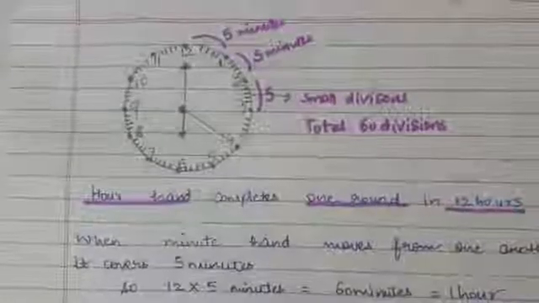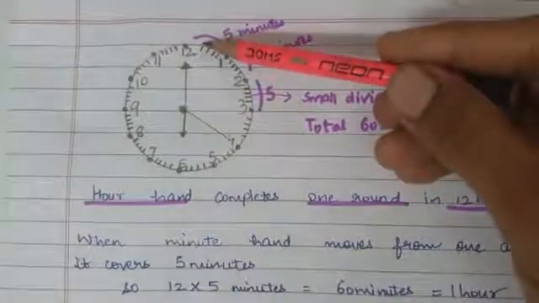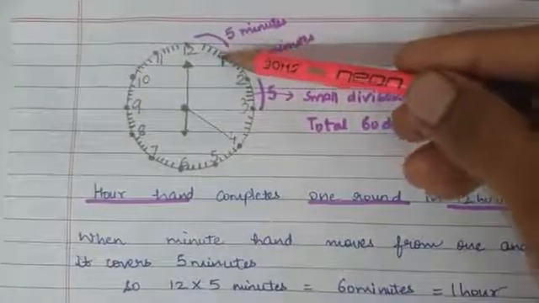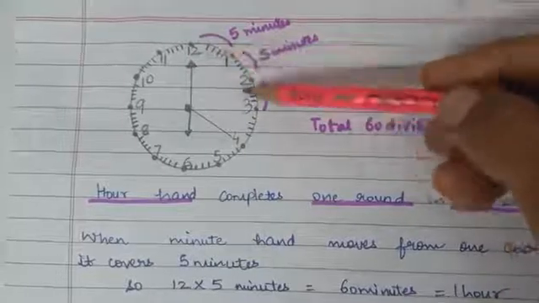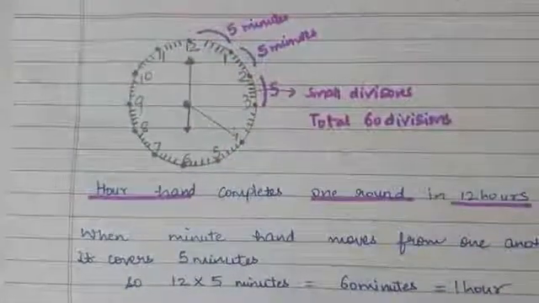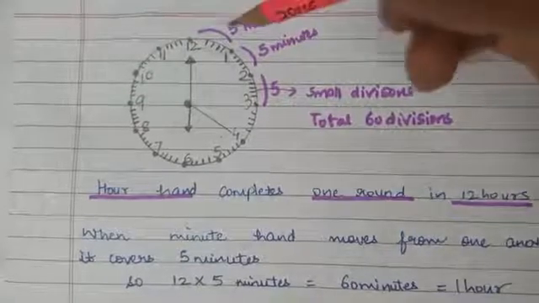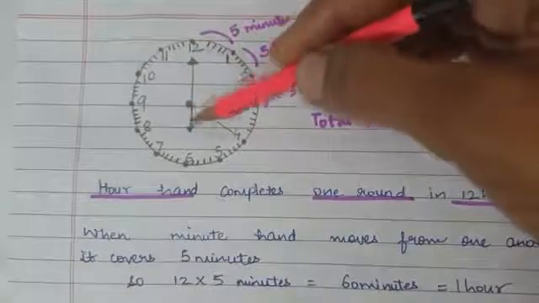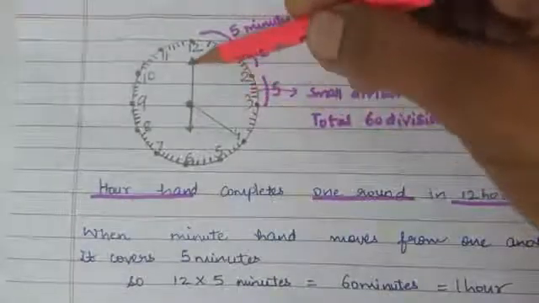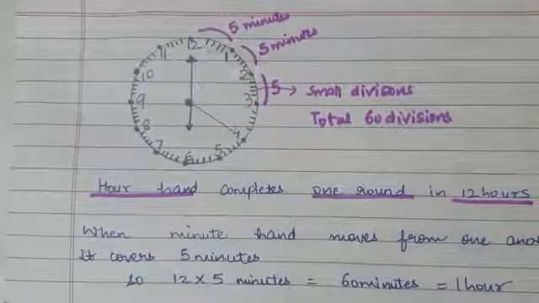See children, we have a clock and there are small divisions, and if you count these divisions, these will be 60 divisions, and our hour hand is there, minute hand is there, and the second hand is there.